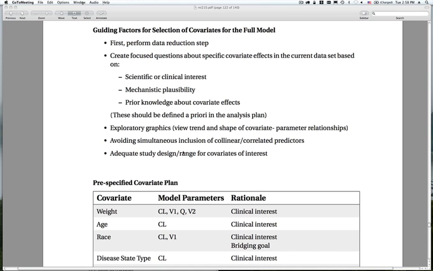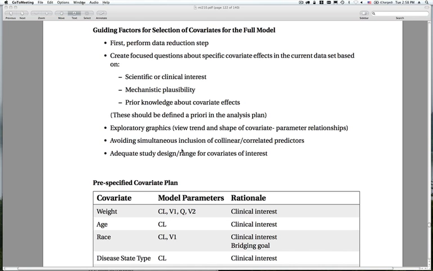Then exploratory graphics can be used to view the shape of the relationship to help you identify the parameterization. Again, avoiding simultaneous inclusion of correlated predictors and making sure that you have an adequate design or range of the covariate of interest. So if organ impairment was an exclusion criteria, don't worry about including that in your model.